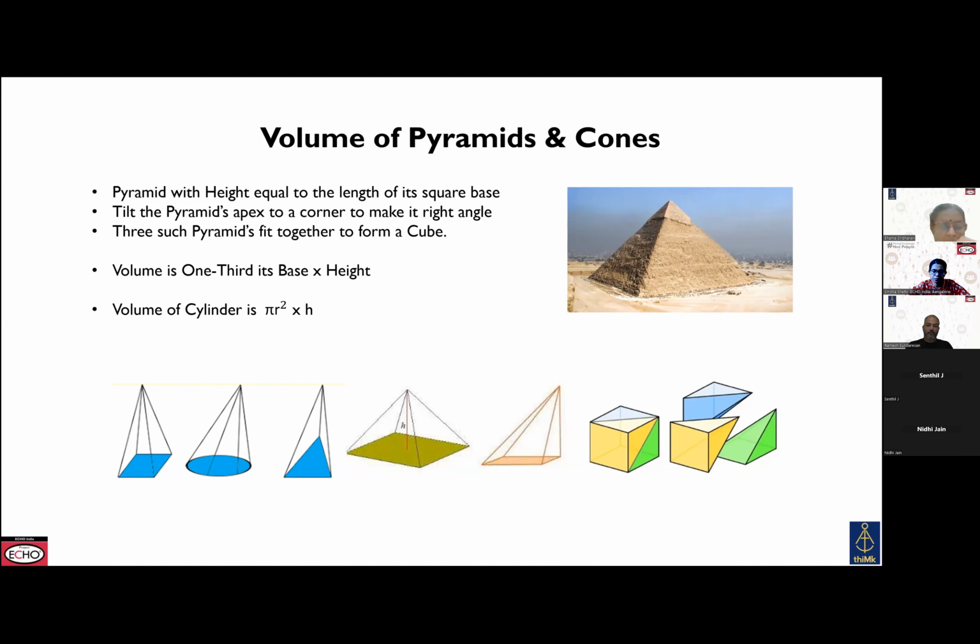What is the volume? Many children would say it's half or a quarter or anything like that, but assume that we shift the apex from the center towards one of the corners, so that in one corner it becomes a right angle.